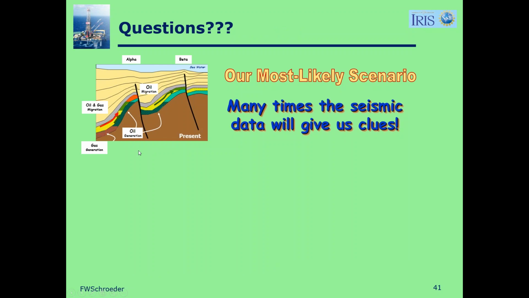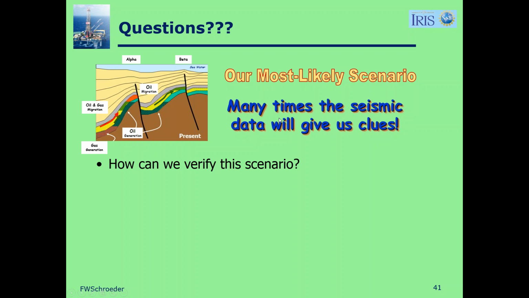So this is our most likely scenario for present day: a gas cap and an oil leg at alpha, a certain volume of oil, a certain volume of gas, and then at beta, mostly oil, and I could figure out what the most likely volume would be. Many times, seismic may give us clues as to whether this scenario is correct or not.